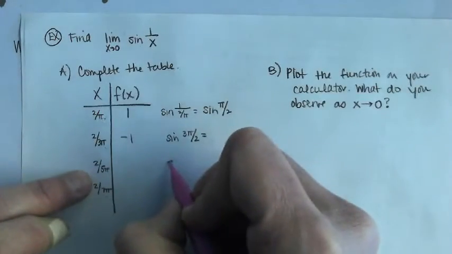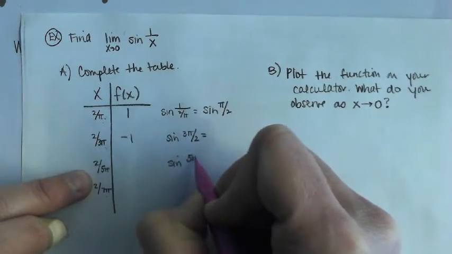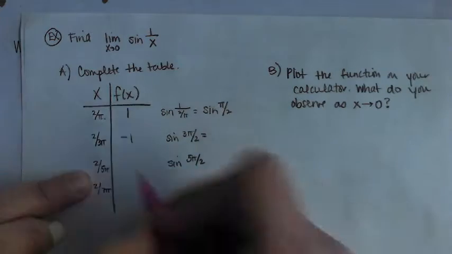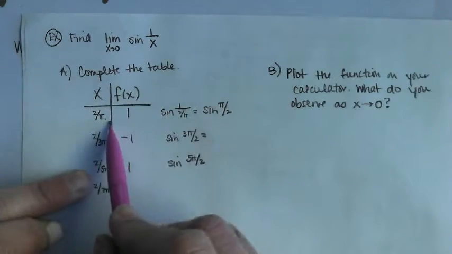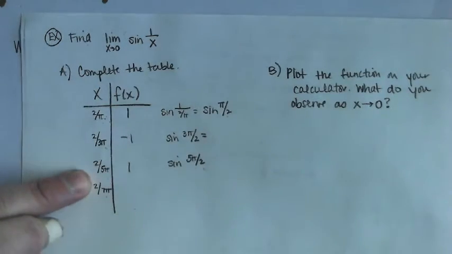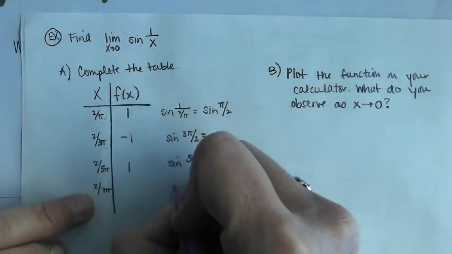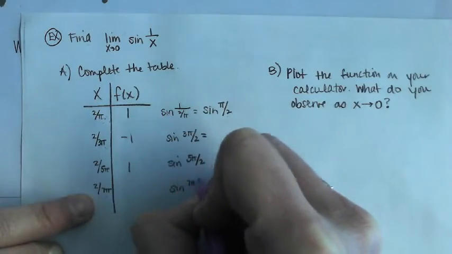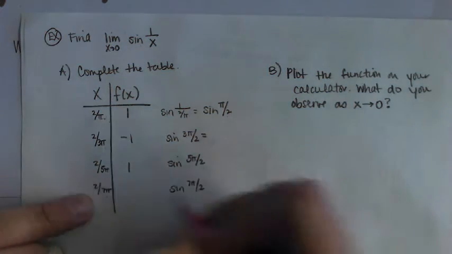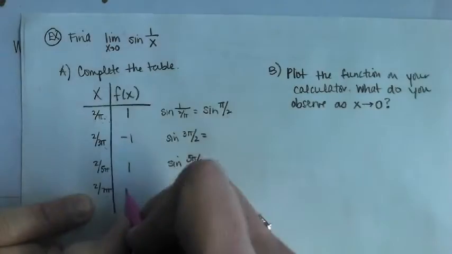And the next one's going to be the sine of 5 pi over 2, which is coterminal to this one, right? Pi over 2 and 5 pi over 2 are coterminal, so they're both 1. And then this is going to be the sine of 7 pi over 2, -1.